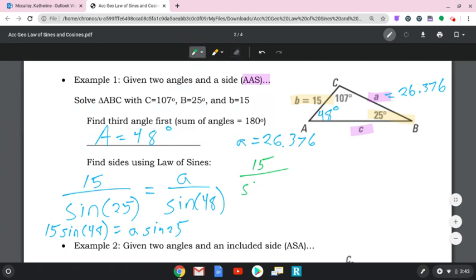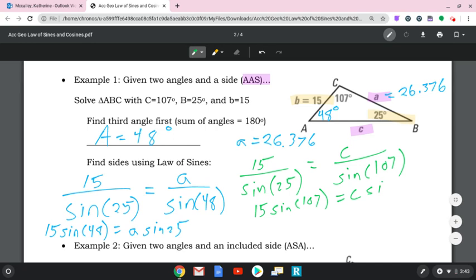So if I write this is over sine 15 over sine of 25, in this case is going to be equal to C over the sine of the C angle, which is 107. And we're going to do the same thing. You're going to cross multiply 15 sine of 107 equals C times sine of 25. So to find C, I'm going to multiply 15 times sine of 107.